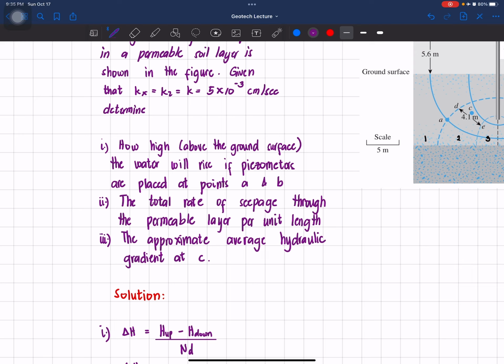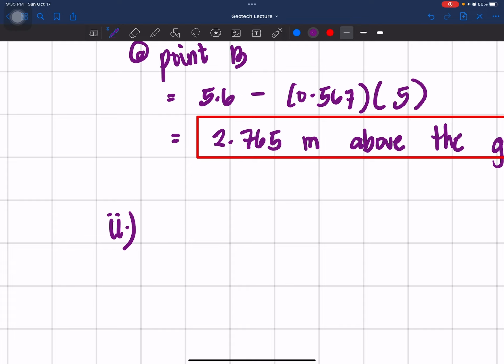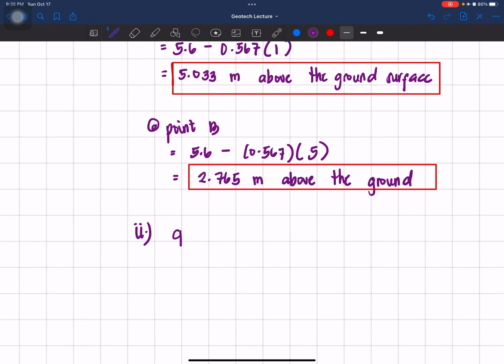So, in order for us to determine, guys, the number of the seepage, okay, gamitin natin yung formula na ito. Okay. So, since ganyan yan, Q now is equal to 2.38 K multiplied by H1 minus H2 all over the number of potential drops.